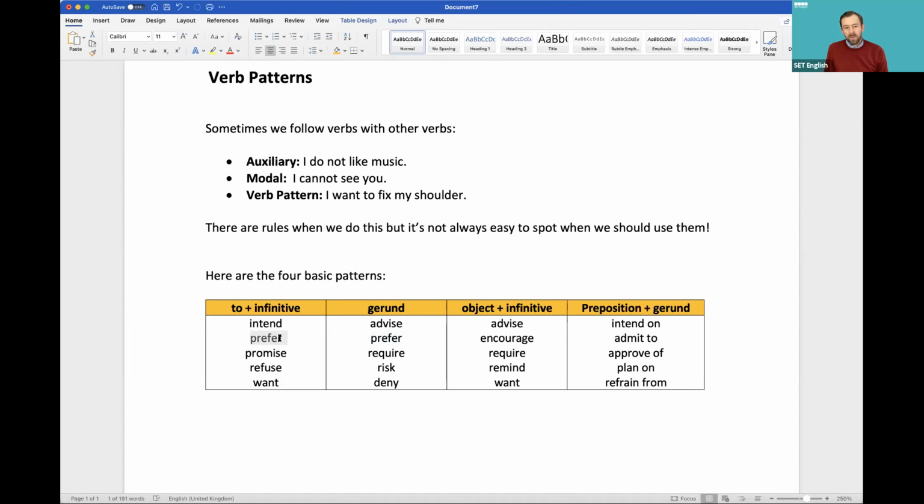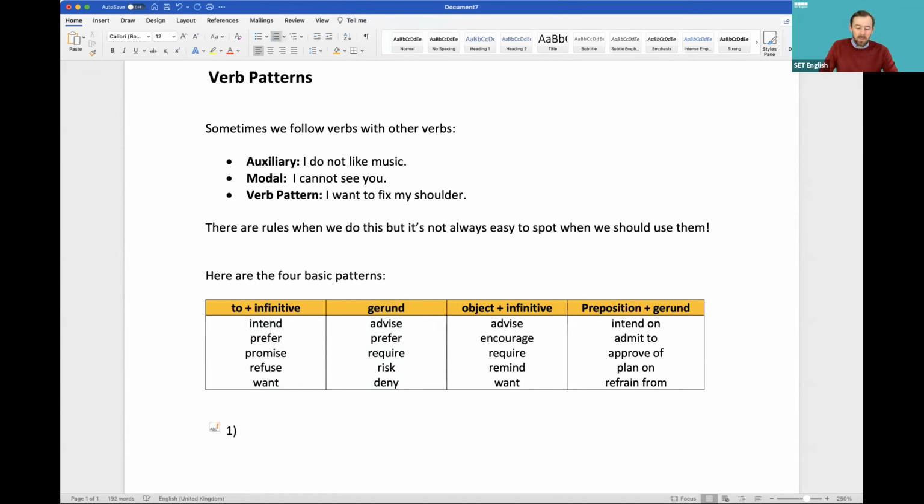Look, we've got prefer to do something here, and we've got prefer with the gerund as well. Just tell me what a gerund is again. Verb plus ing, yeah. So I could use both, and in this case, they mean the same thing. Now, this is one of the first rules that we need to think about.